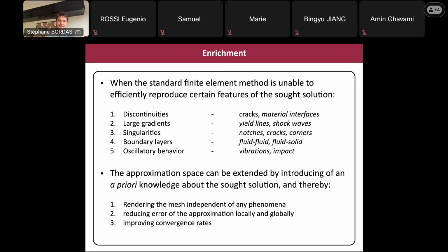And the next really important component or ingredient in what I want you to capture today is what we do in order to solve that issue of not having the proper functions in the approximation space. What we do is extremely simple. As Babuska said, the error comes from the fact we don't have the approximant that we need.